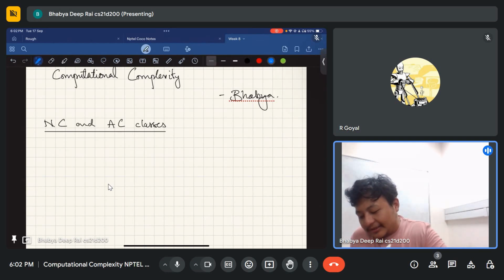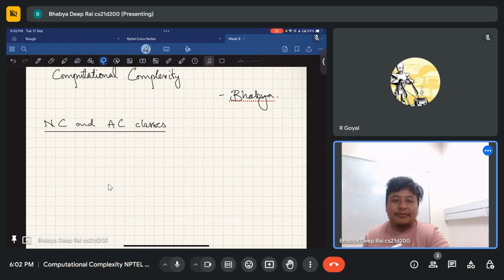So let's just begin where we left off. We were talking about circuits, various measures on circuits, sizes, depths, and so on. And remember that each language can be characterized by circuits in the following way: when we say that a language is computed by a Turing machine, we can also say that a language is computed by a circuit family.